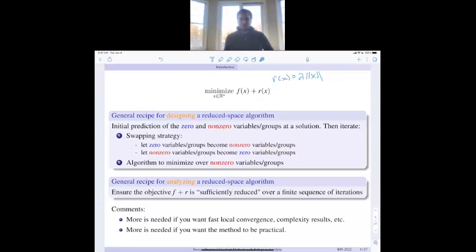That's the basic idea. As I comment at the bottom of this slide, though, if you really want efficient algorithms that have fast local convergence properties and maybe good worst-case complexity results, you have to be more careful, but this is the basic idea.